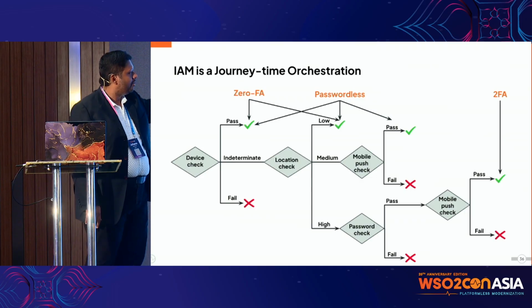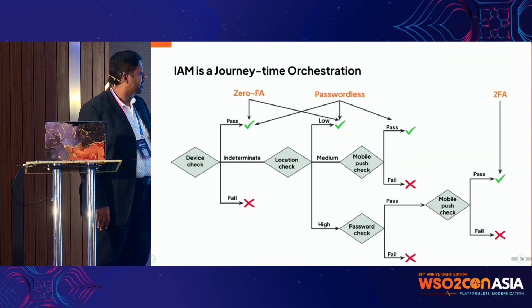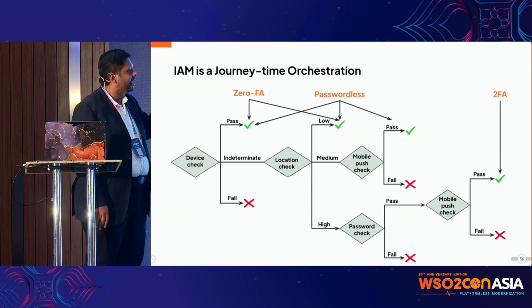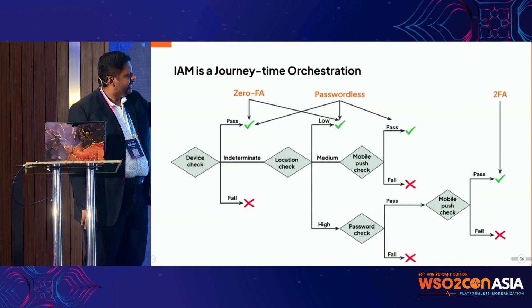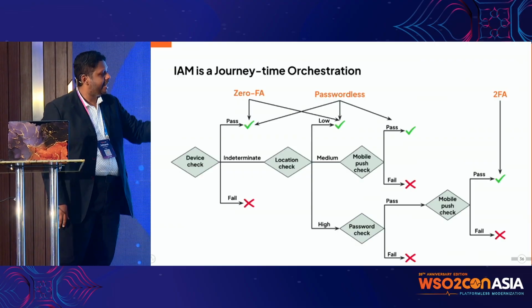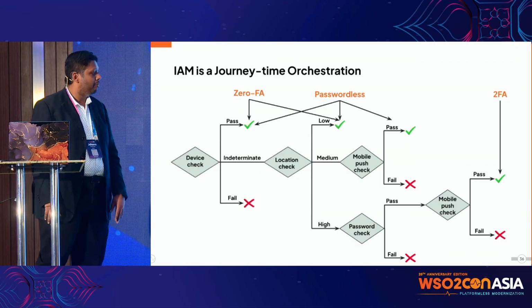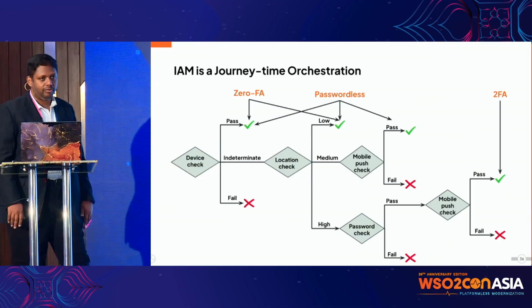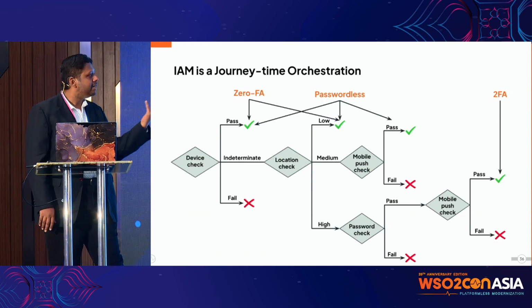Or he can end up with a passwordless authentication, if the location check is medium and the mobile push is successful. Or he can finally end up with a two-factor authentication by providing password and mobile push authentication, or he can, of course, fail the login. So there are multiple outcomes.